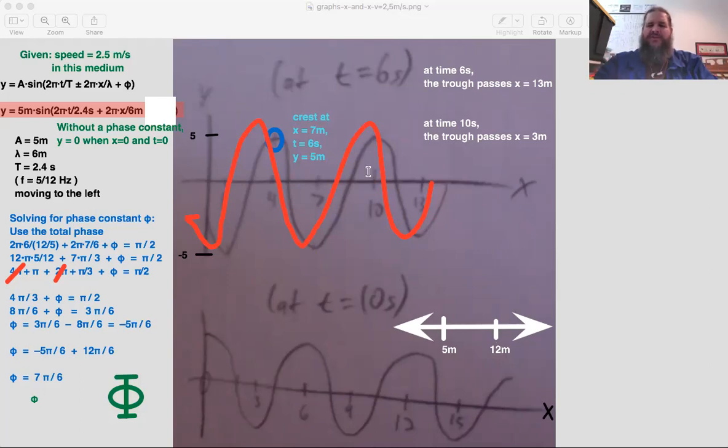And so the graphs would be showing just the 5 meter mark bobbing up and down as time passes, and just the 12 meter mark bobbing up and down as time passes. So in that case, you would know the delta x already, but you wouldn't know the delta t. But again, if you know speed and you know one of the deltas, you can find the other one.